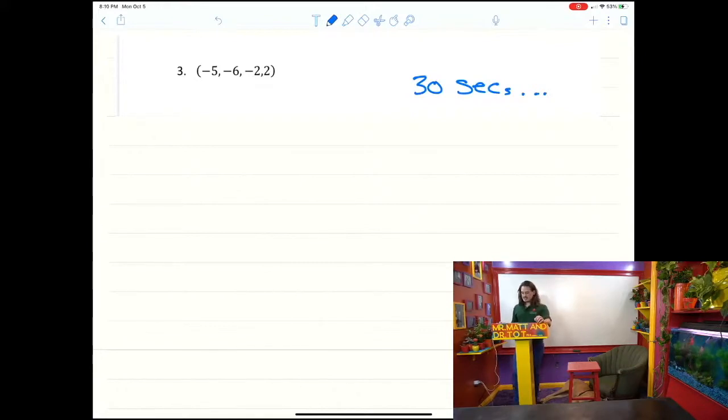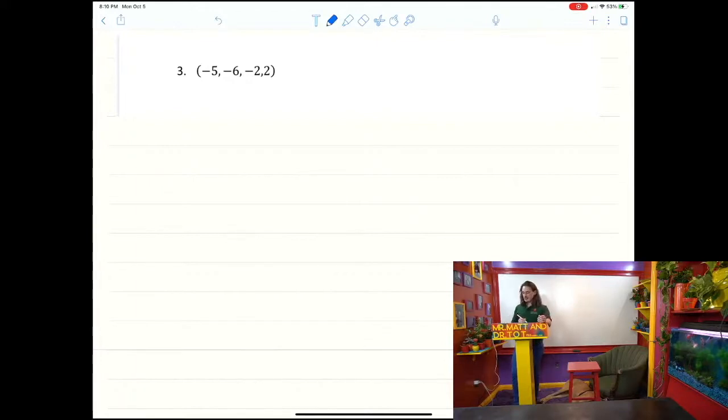Okay, in this set we have -5, -6, -2, and +2, so we only have one positive number. So this time I'm going to orient my 0 a little bit more to the right because I have so many negative numbers and not very many positive ones. I'm going to deal with positive 2 first because it's the only positive one, the only value to the right of 0.